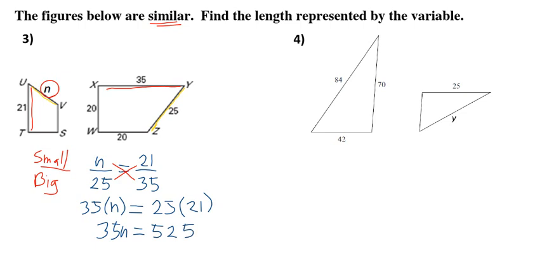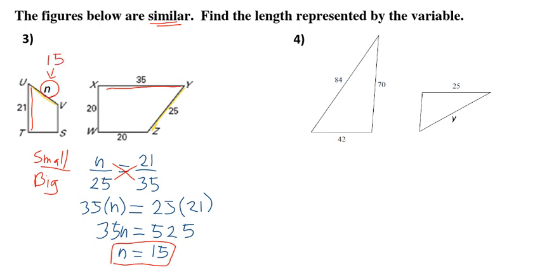And then we solve for n by dividing by 35. So n is equal to 15. And that is how we find that the length of the side that we were looking for is 15 units.